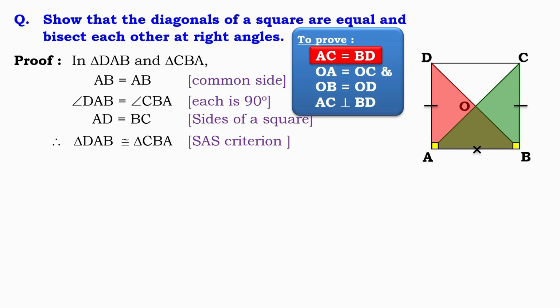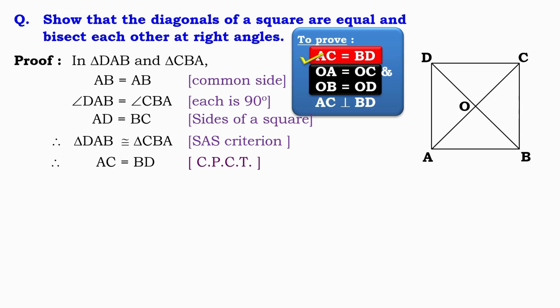That is SAS, because we can clearly see that two sides and the included angle between them are equal. So we can apply the SAS criterion over here. Now, CPCT means corresponding parts of congruent triangles. So by CPCT we can say that AC is equal to BD. So this is the first proof, which we have proved already.